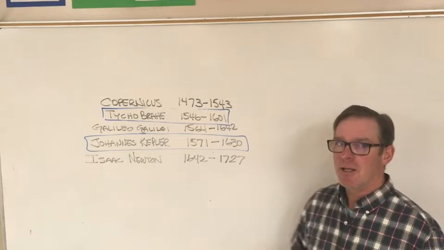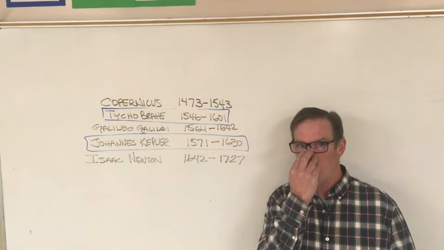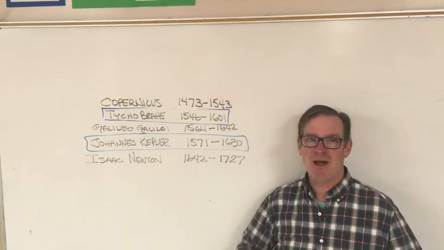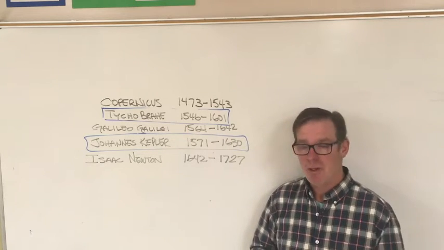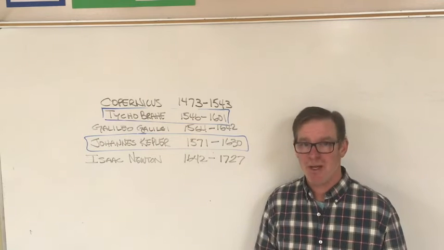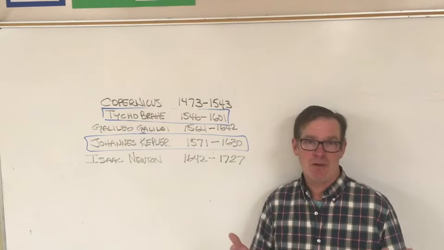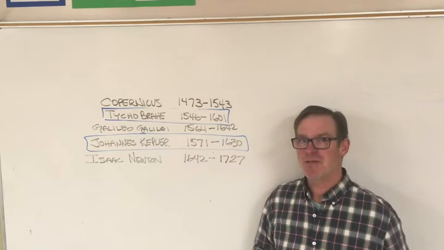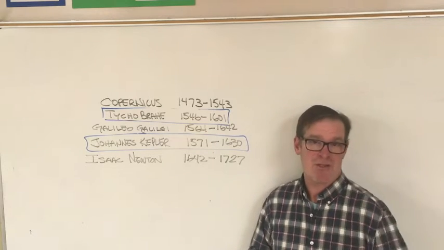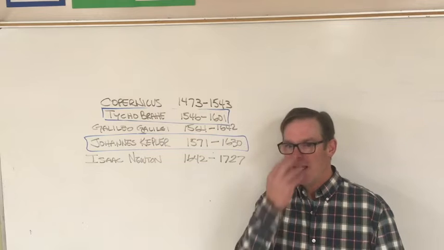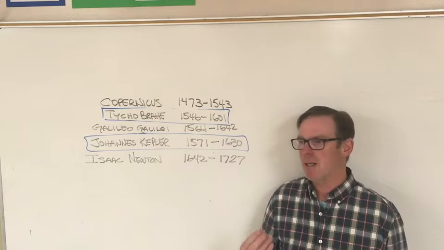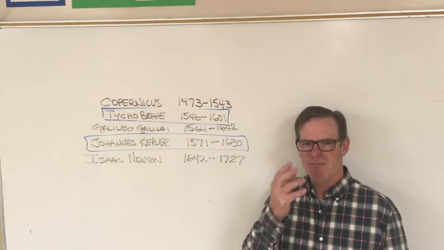At any rate, you're going to see in the movie that he has a gold nose. Another interesting thing about him is he got in a sword fight, a duel, with his third cousin when he was 20, over an argument about who was the better mathematician. And part of his nose was cut off in this duel. So he wore for most of his life a prosthetic nose when he was in public, and you'll see in the video it's gold.